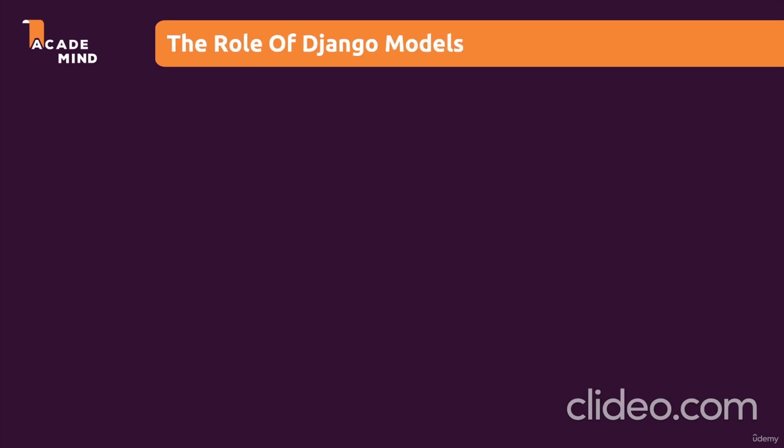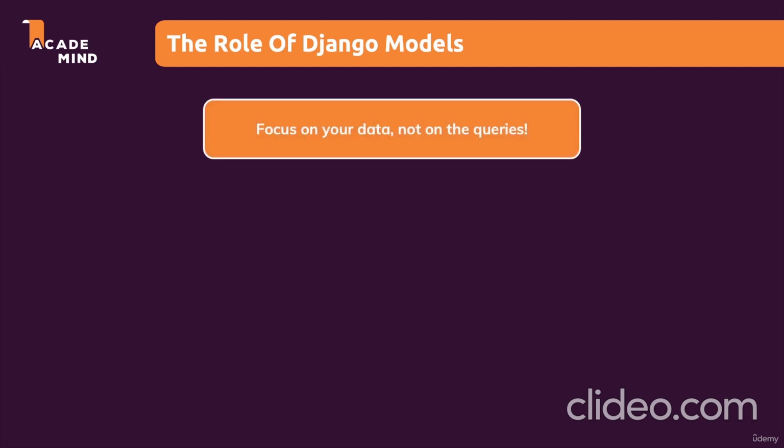As explained, Django has this feature called Models, which allows us to write Python code and work with Python classes, as you will see, and Django will under the hood then construct these SQL queries. Therefore, we can focus on our data and our business logic and not on writing those low-level queries, and we therefore also don't have to learn SQL as a new language, which we of course don't really want to do here.